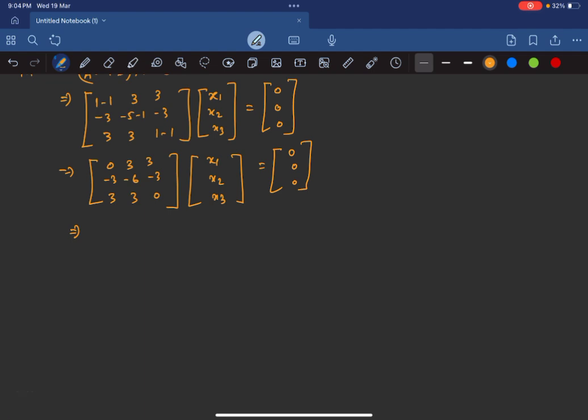From here, what you are getting: from the first row, 3x2 plus 3x3, then minus 3x1 minus 6x2 minus 3x3, then 3x1 plus 3x2, equal to 0, 0, 0.